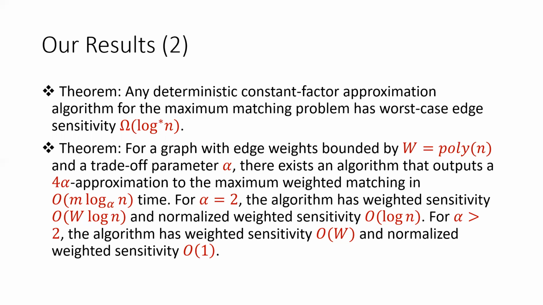Namely, for alpha equals 2, the algorithm has weighted sensitivity w log n and normalized weighted sensitivity log n. For alpha larger than 2, the algorithm has weighted sensitivity of w and normalized weighted sensitivity of 1. Here, weighted sensitivity is a natural generalization of edge sensitivity that we introduced in the paper.